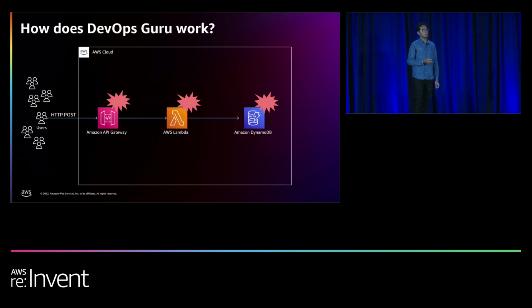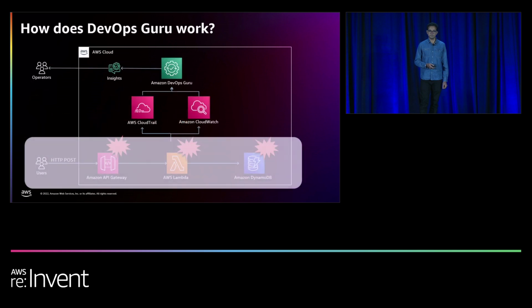And after the operator has resolved the incident, they have to spend time on a postmortem to identify that the read capacity of the DynamoDB table was the root cause. This can take several hours or even days to get to the root cause. This is where DevOps Guru can help you with machine learning-based anomaly detectors.